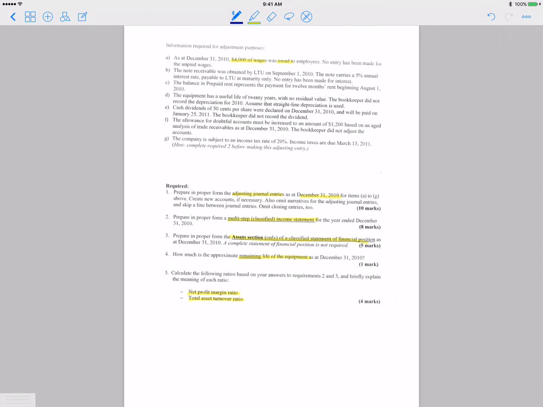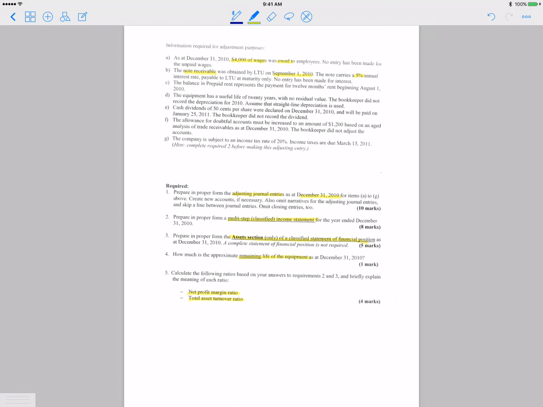Let's look at part B. The note receivable was obtained on September 1st, 2010. The note carries a 5% annual interest, and no entry has been made.